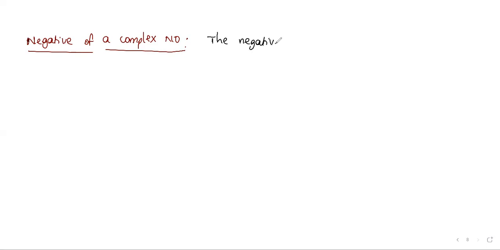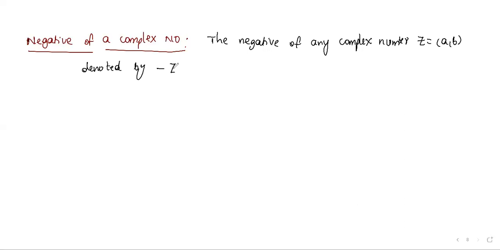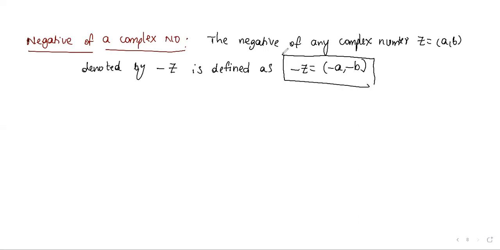The negative of any complex number Z equal to a comma b, denoted by minus Z, is defined as minus Z is equal to the ordered pair minus a comma minus b. So this is the negative of a complex number, minus a comma minus b.